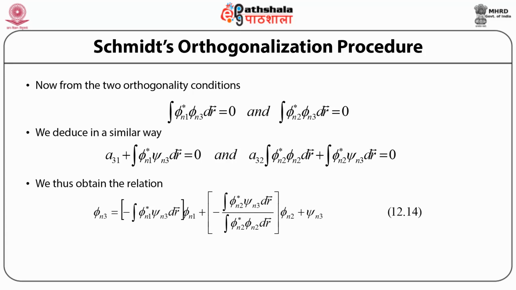We thus obtain the relation phi n3 is equal to minus integral of phi n1 star psi n3 dr into phi n1 plus, within square brackets, minus integral of phi n2 star psi n3 dr divided by integral of phi n2 star phi n2 dr, brackets close, into phi n2 plus psi n3, which is orthogonal to phi n1 and phi n2 and is normalizable.